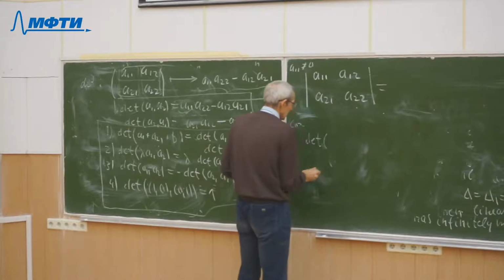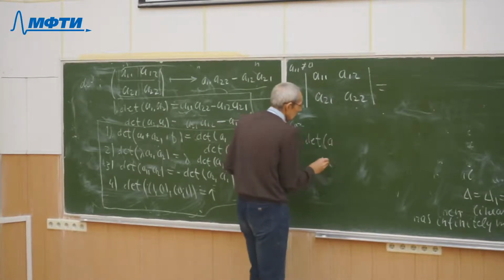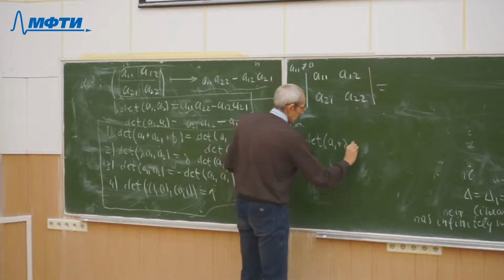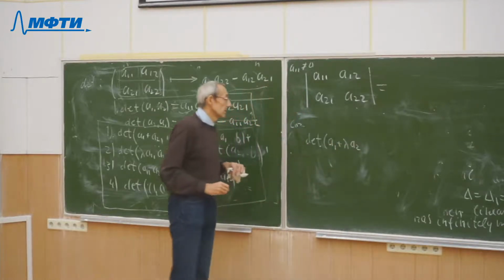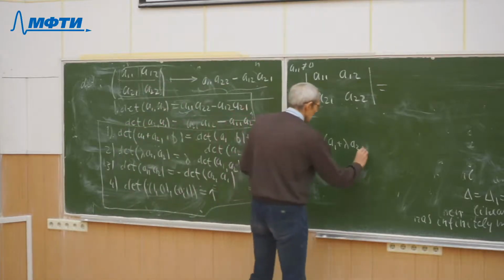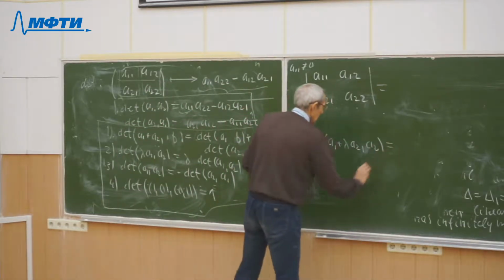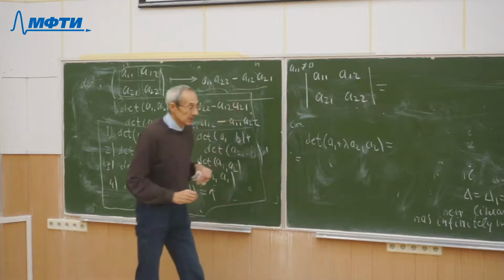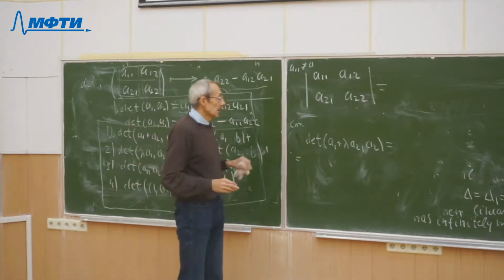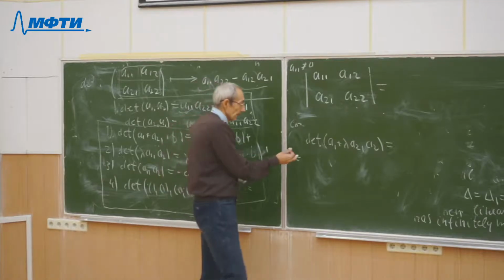If we add to one of the rows of the determinant another row multiplied by an arbitrary scalar lambda, the determinant is not changed.